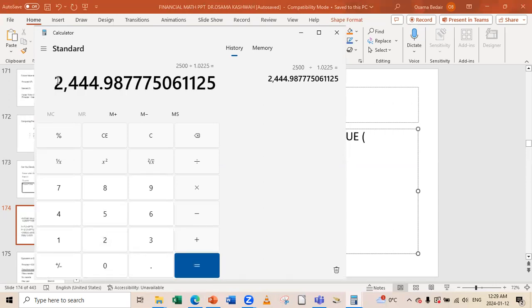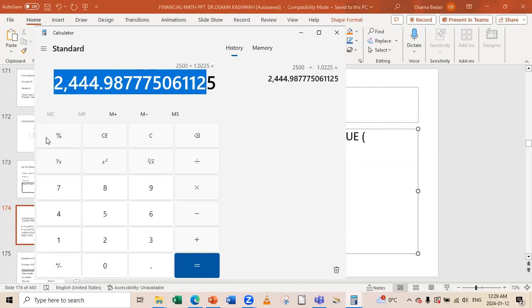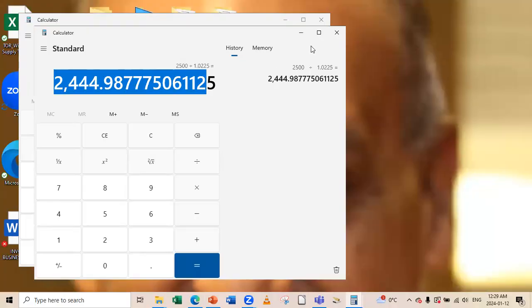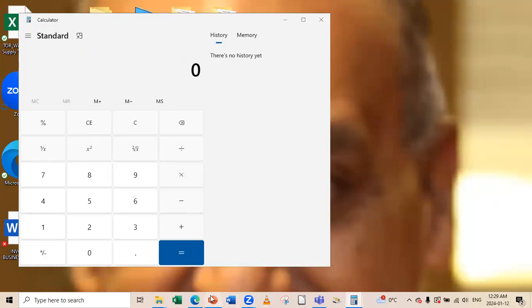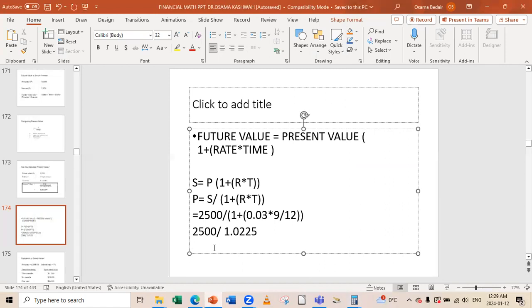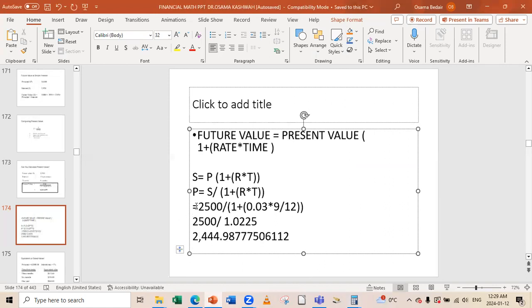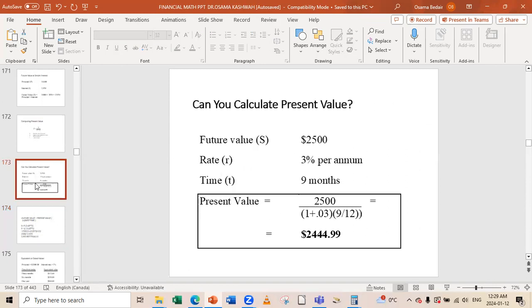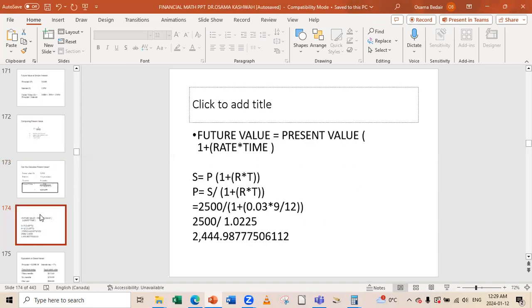That will give me 2,444.44. And this amount, which will be the result of this question, is what I showed you just now. So the present value is 2,444, and this is what we get exactly here, the same amount.